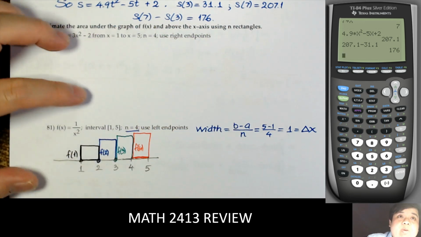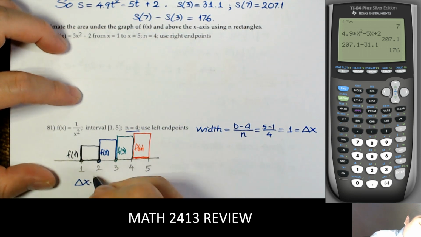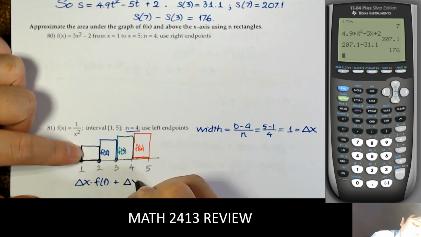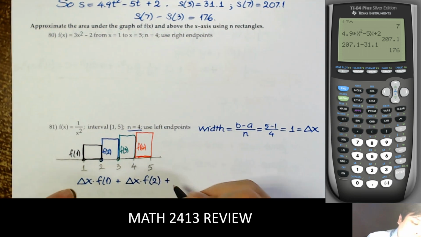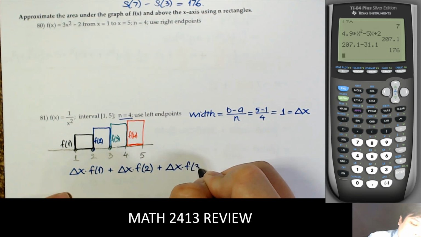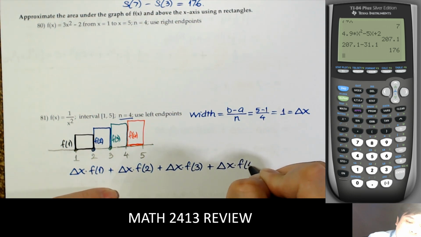So the area of those 4 rectangles is delta x, the width, times the height for the first one, plus delta x times the function at 2, plus delta x times the function at 3, and then the width times the function at 4.